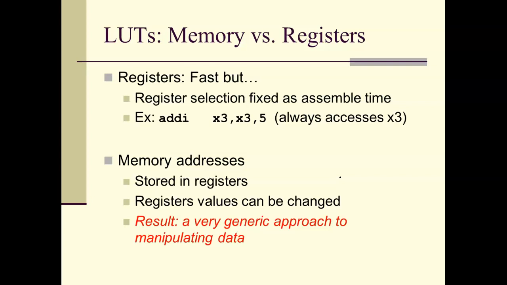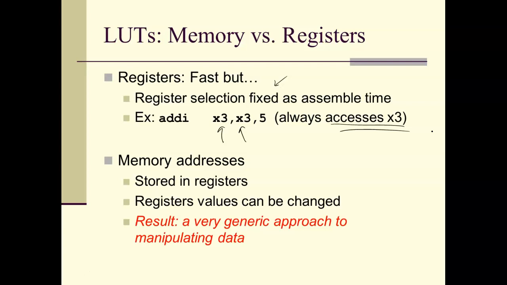Registers are fast, of course, but the problem is the registers being used are fixed at assemble time. So essentially you can't change these registers when the program's executing. It always accesses X3 in this example. So it's great when you need it, but it's not always what we want.